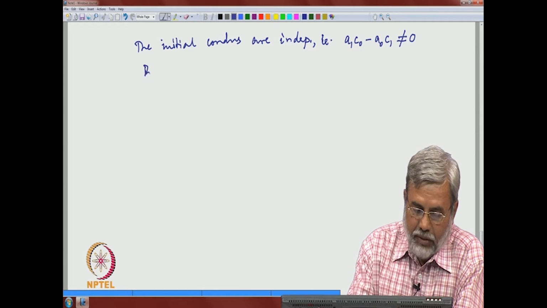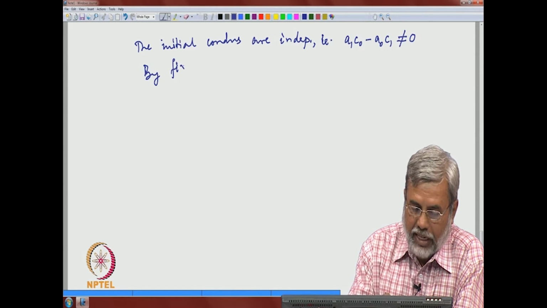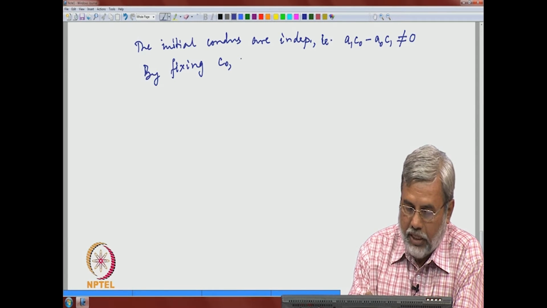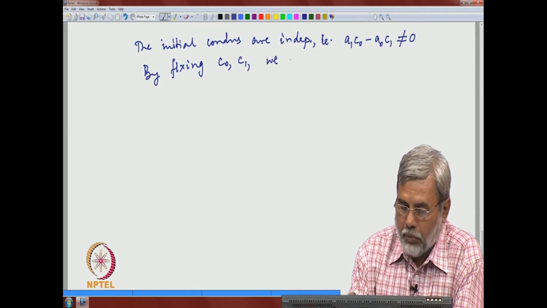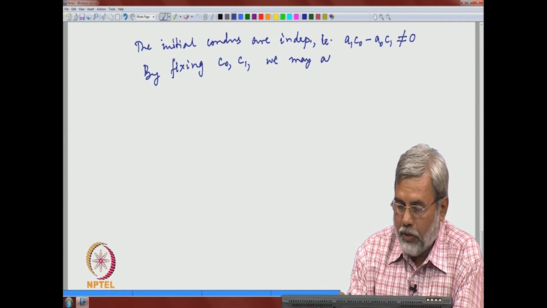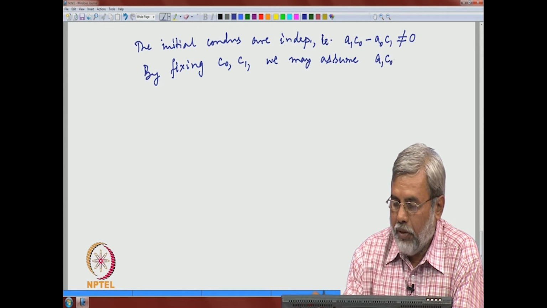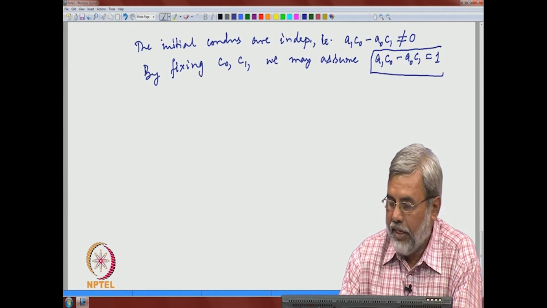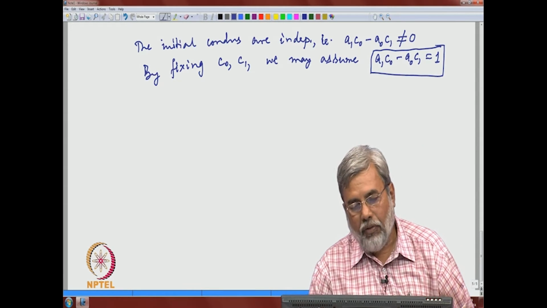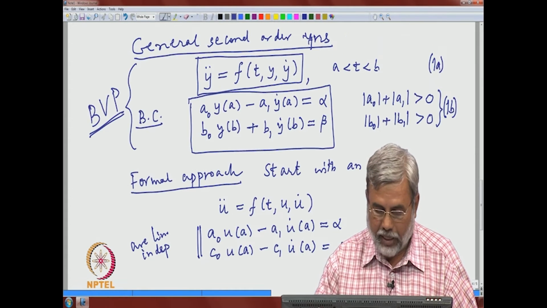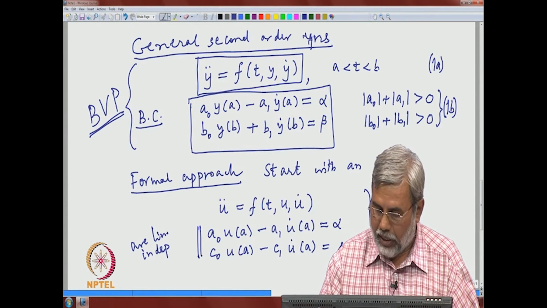So, since the second condition is at our choice, by fixing C0, C1 we may assume, as a kind of normalization, that A1 C0 minus A0 C1 is equal to 1. Okay. So, then you just forget it, and we have that initial value problem, IVP.